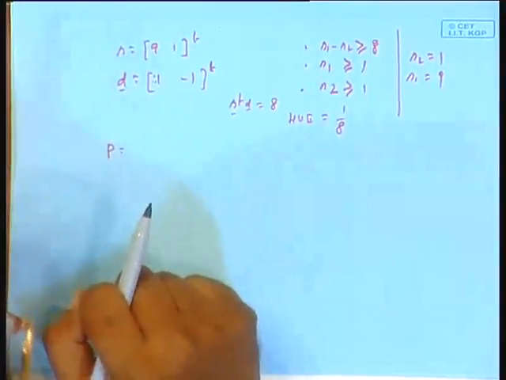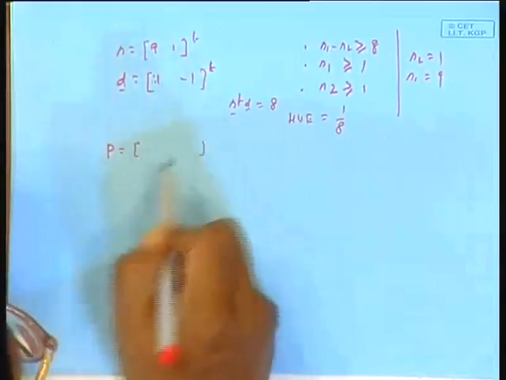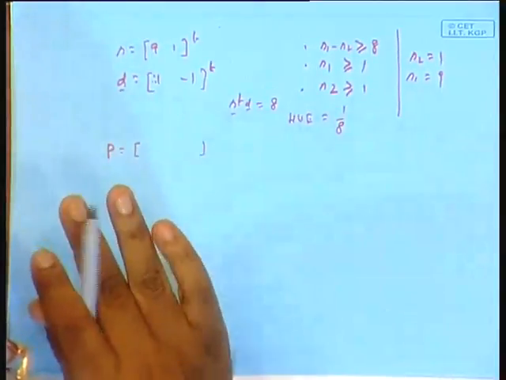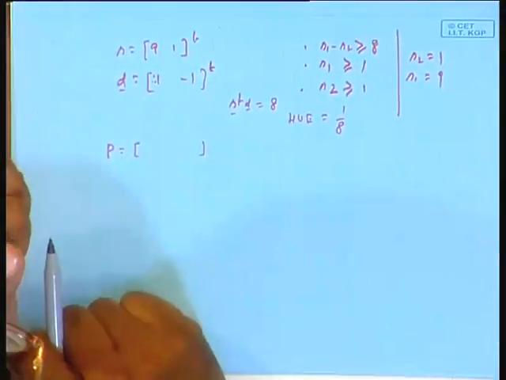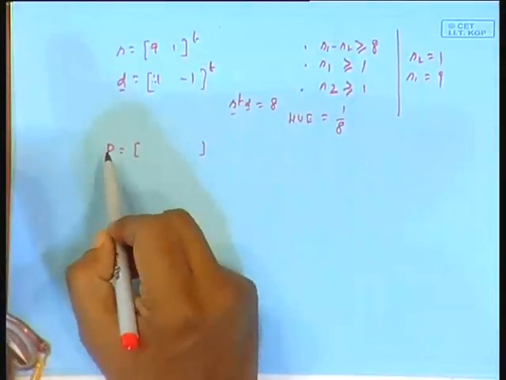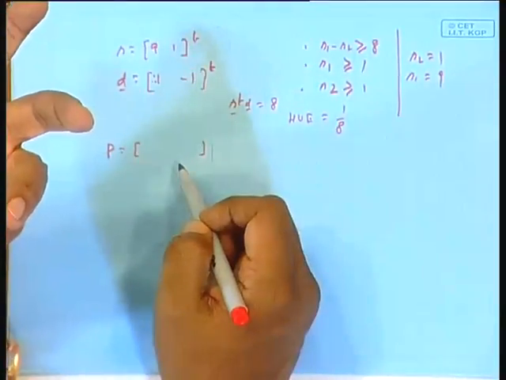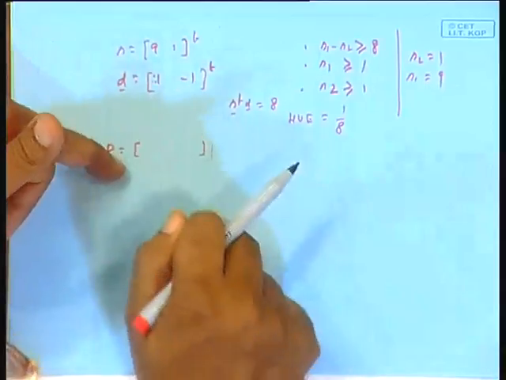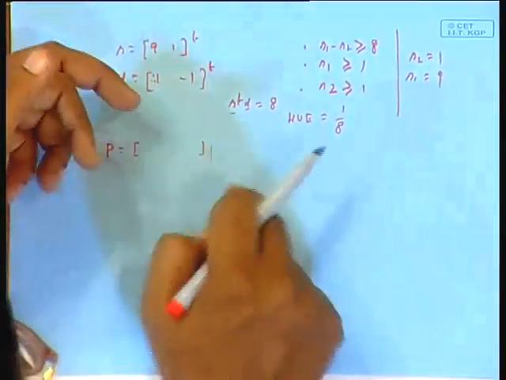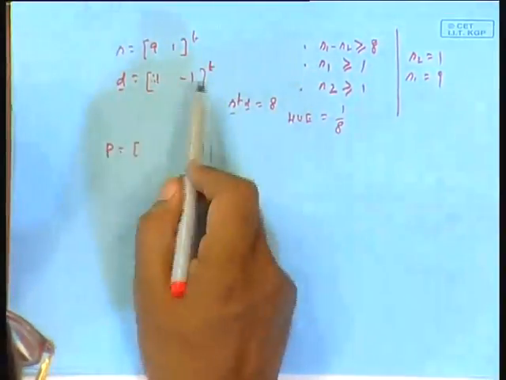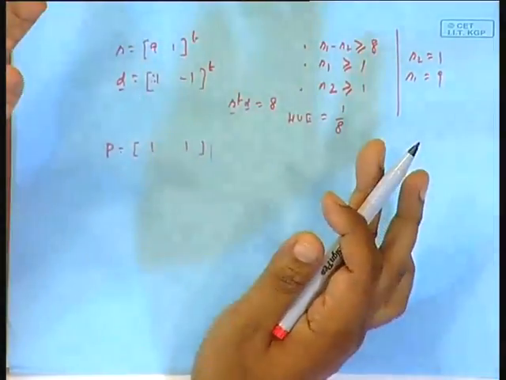Here it is pretty simple because it is only a row vector of size 2, because capital N for our case is 2, so n minus 1 is 1, 1 cross 2. You choose P so that P into D is 0. There is only one choice because it is 2 dimensional; if D is 1 minus 1, P will be 1 1, and in that case PD is 0.